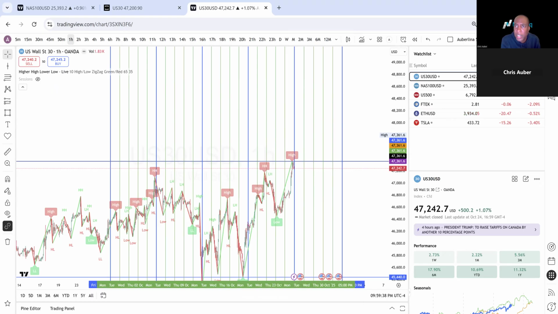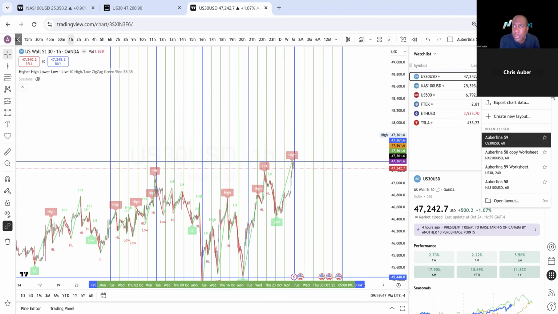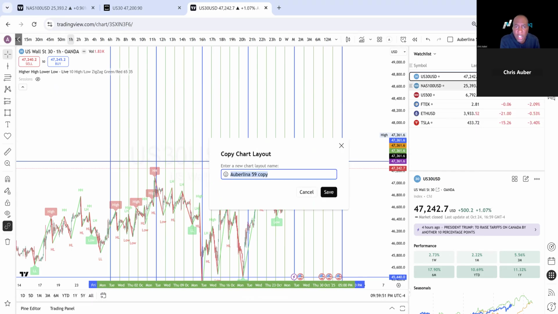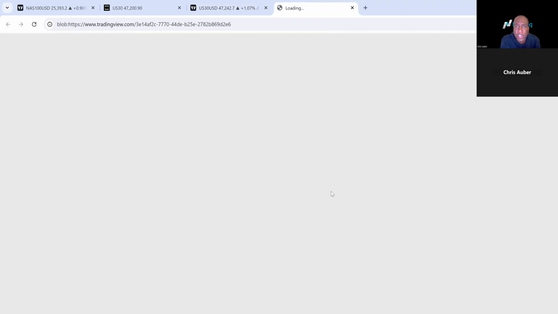And then I'll just make a copy because I always like to keep a clean sheet just in case I need to do additional entries. So for example, I'll just make a copy of this. I'll probably just title it worksheet. So I just hit save.